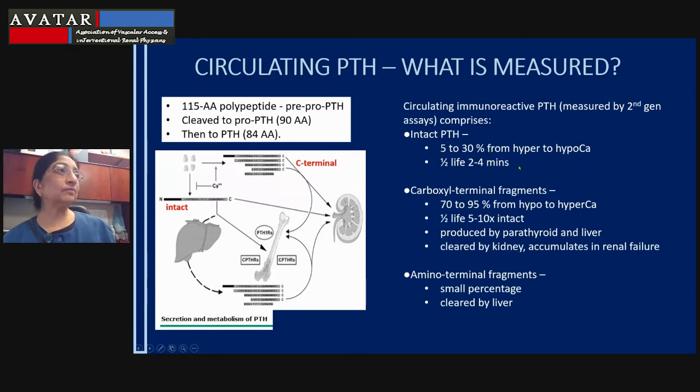However, it still forms only about a third of circulating PTH, the balance being made up of carboxy-terminal fragments. And this fraction increases as CKD worsens because carboxy-terminal fragments are cleared by the kidney and accumulate in renal failure. And therefore, we have a variable increase in this fraction, which is not predictable.